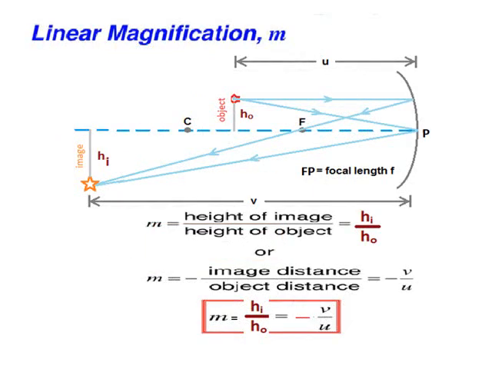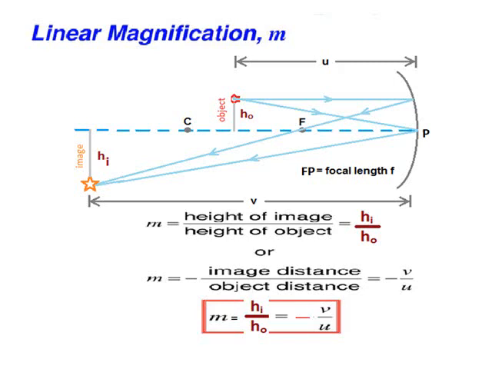Children, this is another important slide which gives you the relation for linear magnification. Linear magnification is kept by the letter small m. What do you mean by magnification? Magnification is the amount of enlargement or the amount of diminishment of an image.